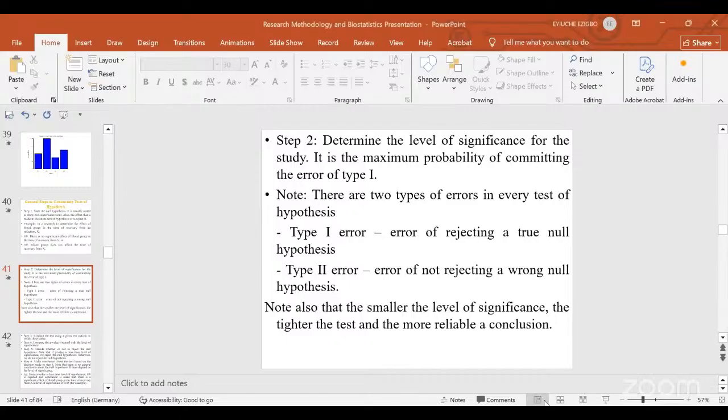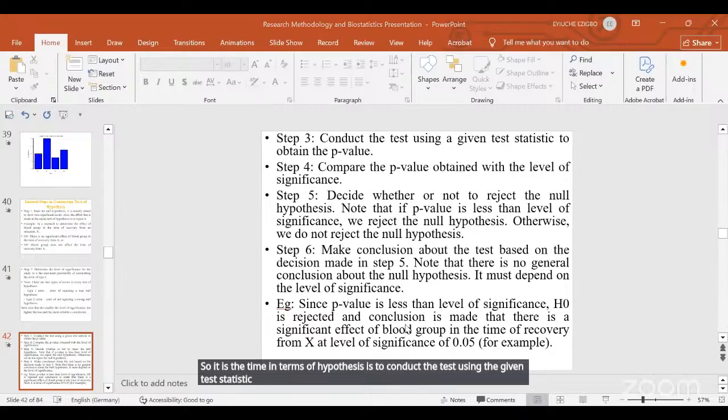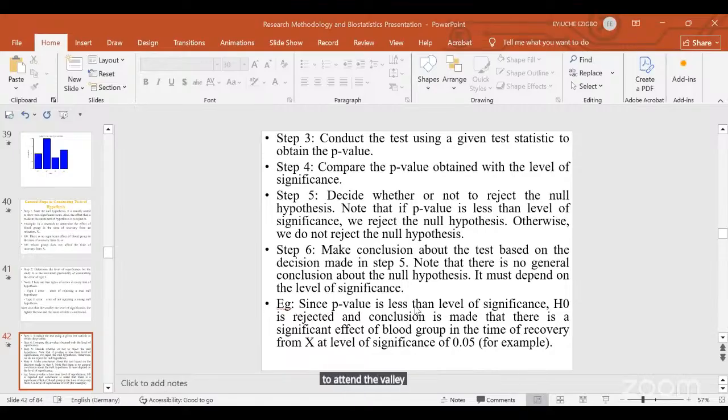So step 3 in test of hypothesis is to conduct the test using a given test statistic to obtain the p-value. What do we mean by this?